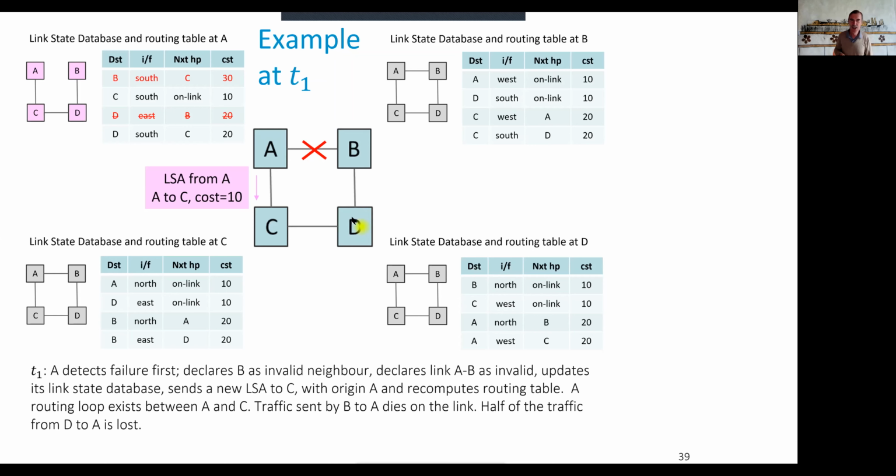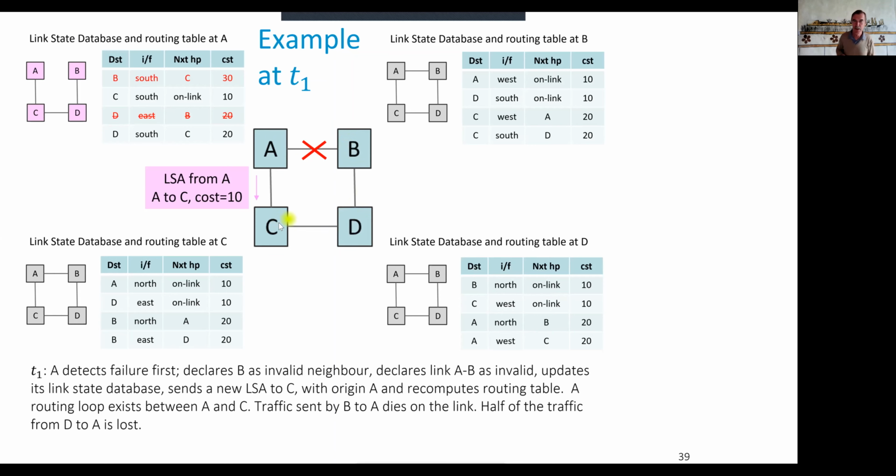For example, if D has a packet to send to A, then if we look at the routing table of D, because the topology database at D is this ring, D had computed 2 equal cost paths to A. One of them goes via B. So if D has a packet to send to A, it will send it via B, and it will not work because B will send it to A over a link that is failed. So this packet will be dropped.